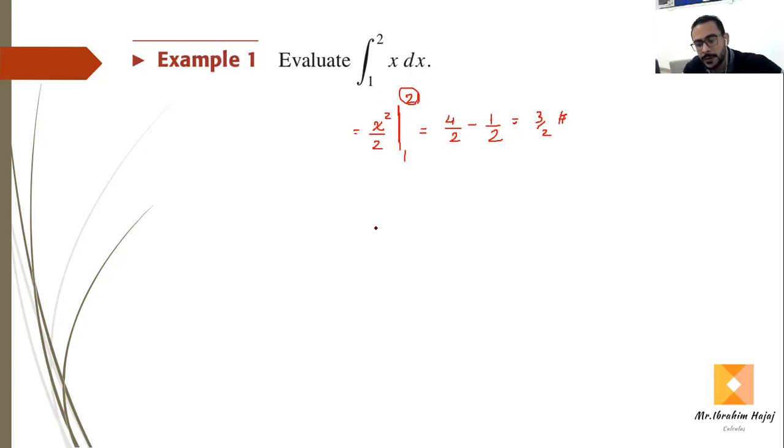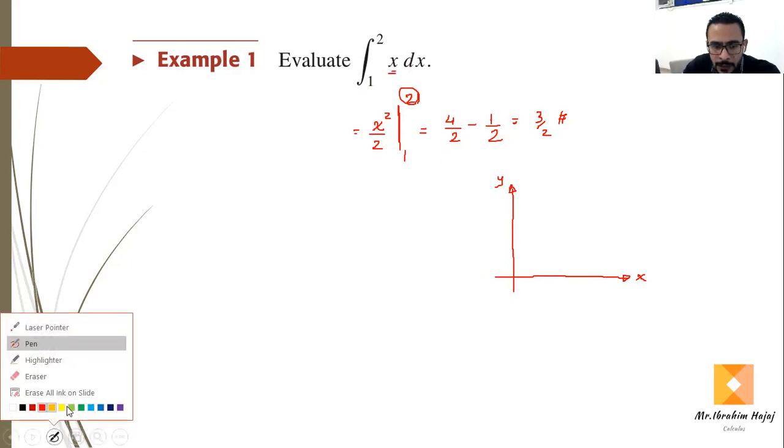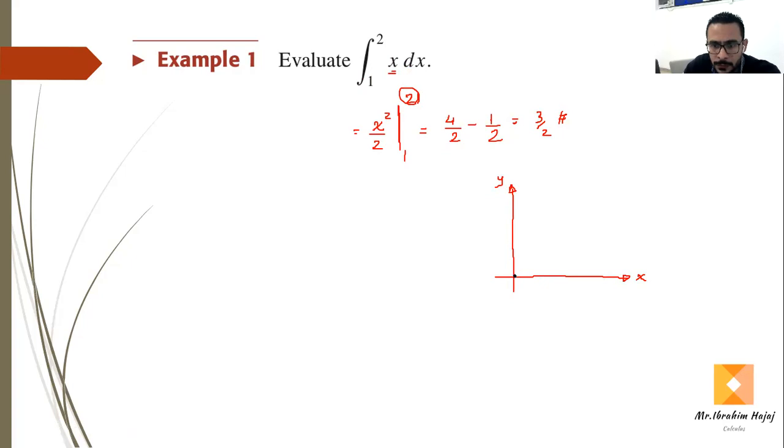That's it. This is the first example. Also, you can graph this. We have x here, and we have y. When I graph x, this is a line passing through 0, 0.